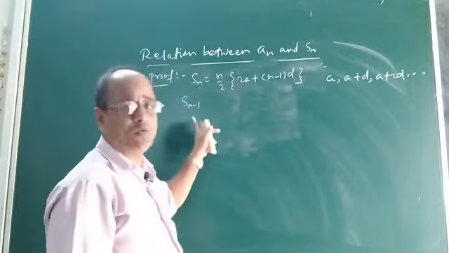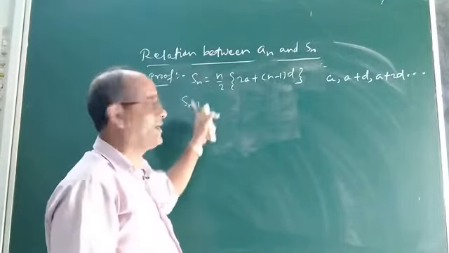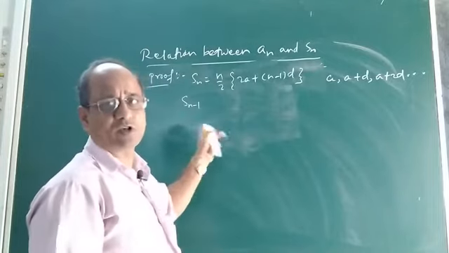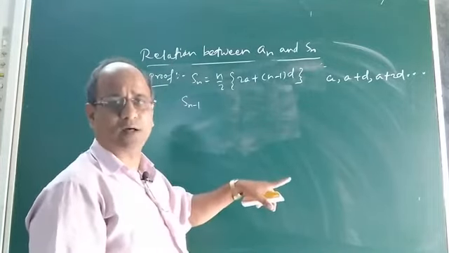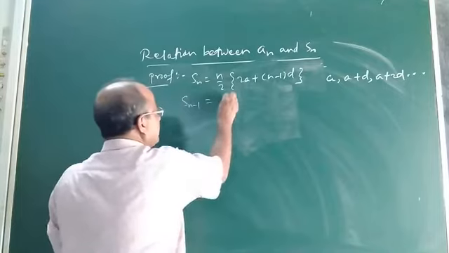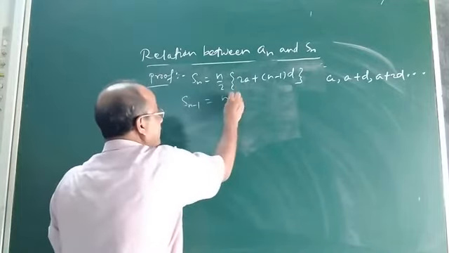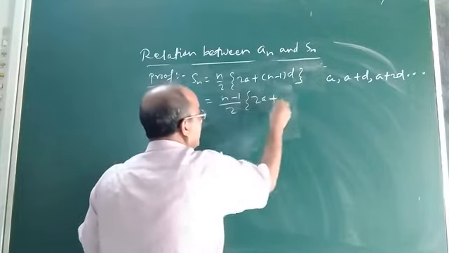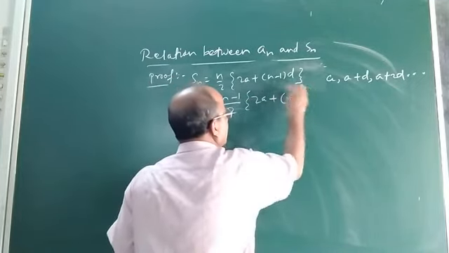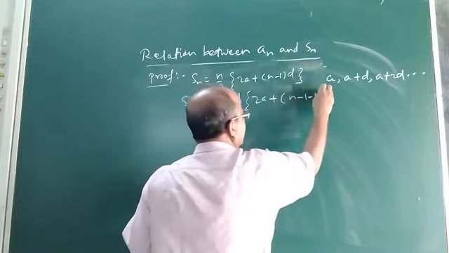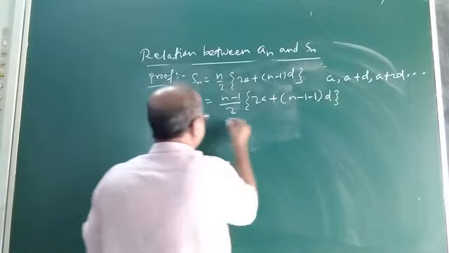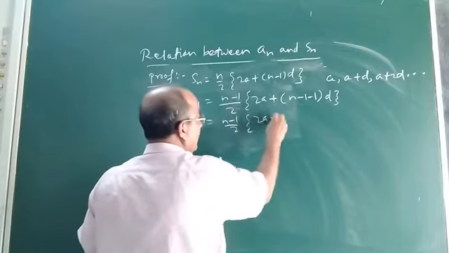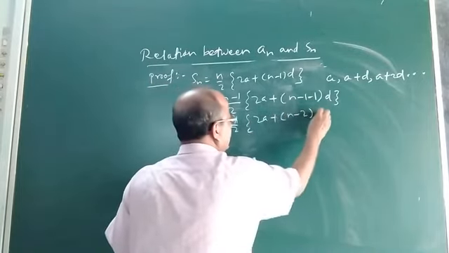In place of n, just put n minus 1. You will get Sn minus 1, or sum of the first n minus 1 terms of the AP. So it will be n minus 1 by 2 into 2a plus n minus 1 minus 1 into d. So this will be equal to n minus 1 by 2 into 2a plus n minus 2 into d.